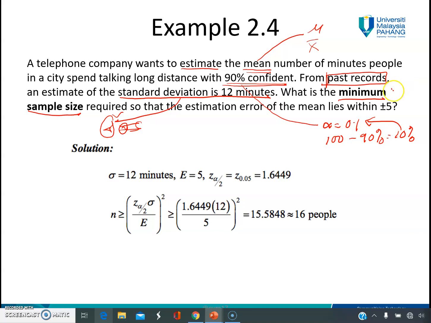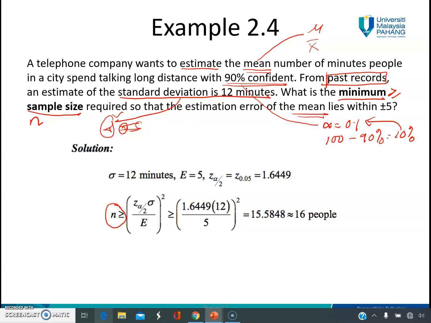Okay, this one will be greater than or equal. What is the minimum? Sample size. That's why you will have sample size is n. So that's why you will have this one. n greater than or equal. For which one? Okay. For the mean.